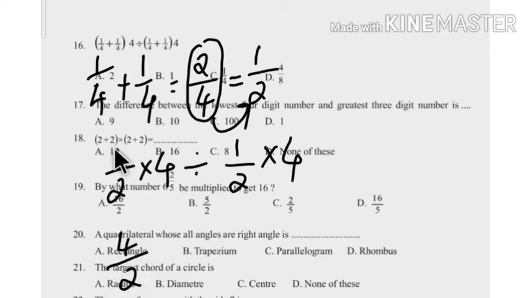How? Numerator times 4 over the same denominator. Numerator is 1, 1 times 4 is 4, over 2. Okay, divided by 1/2 × 4. Same process, numerator times 4, 1 times 4 is 4, over the denominator, which is 2.